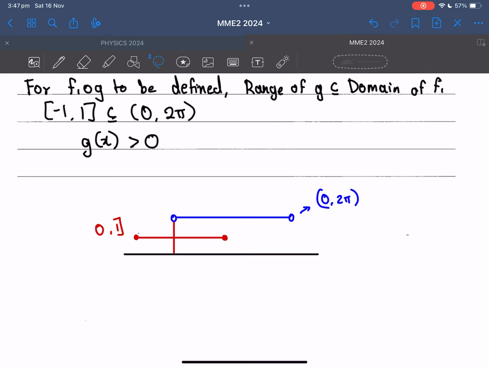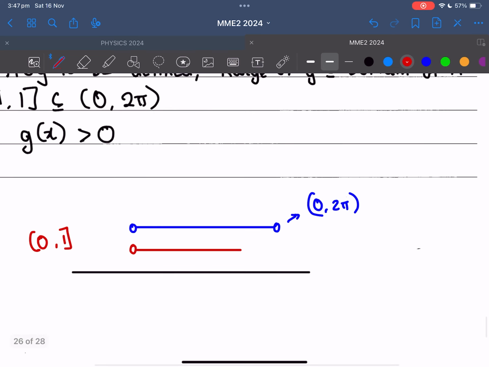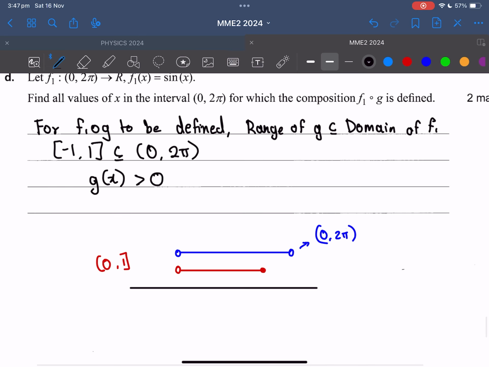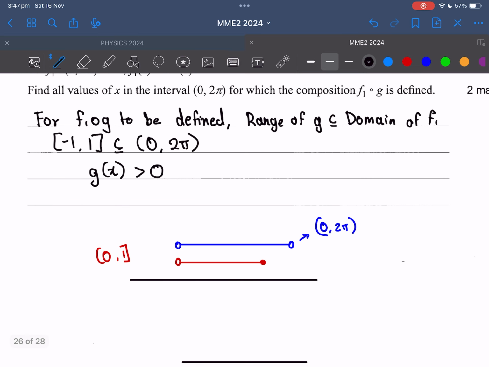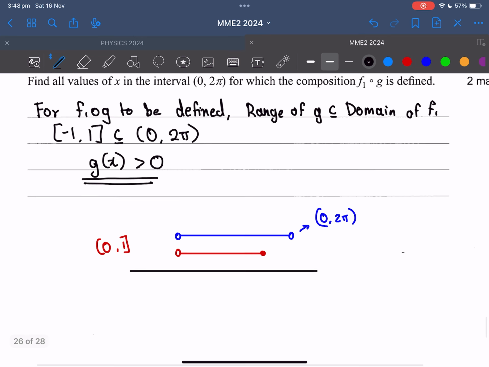And now if I move this here, and erase this point, that point, and that, now you can see that it is indeed a subset, right? So all we have to find for this question is to solve for x when g is greater than 0, and that will give us our answer. Okay, hopefully that made sense.